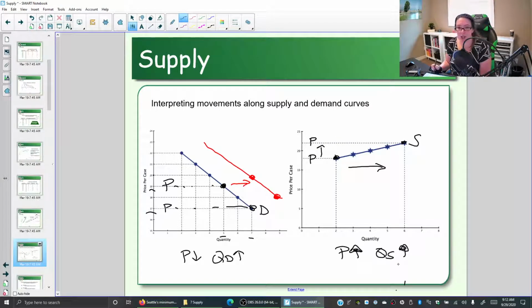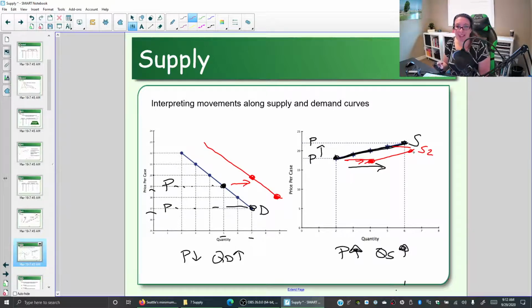It does not change supply. We're still on the same supply curve. There are, however, determinants of supply, and we're going to learn those in the next video. Those determinants of supply can change the amount that businesses are willing and able to produce at every price. So you can see here the quantity supplied is higher at this price and higher at that price.